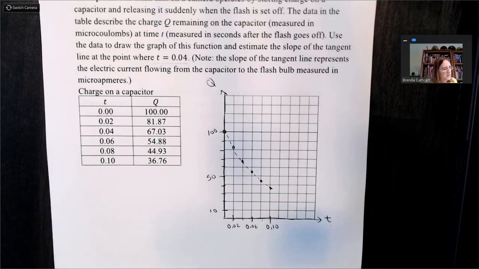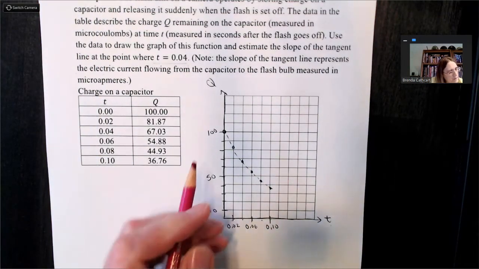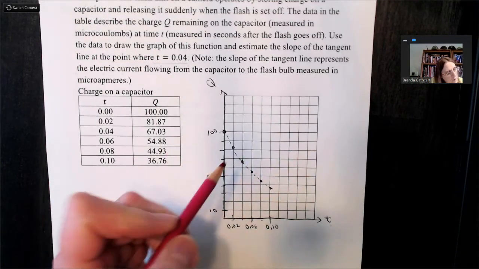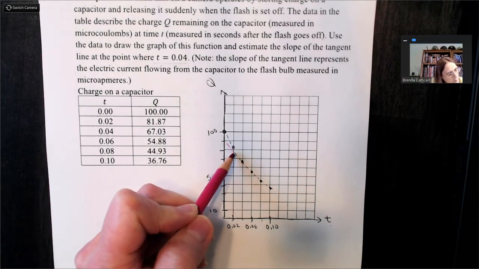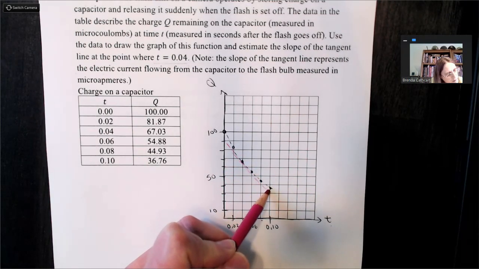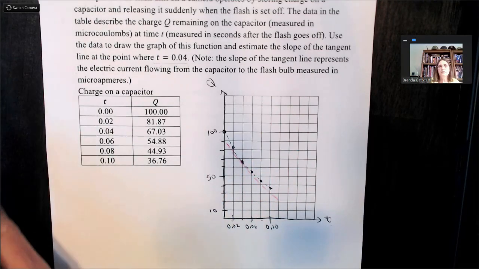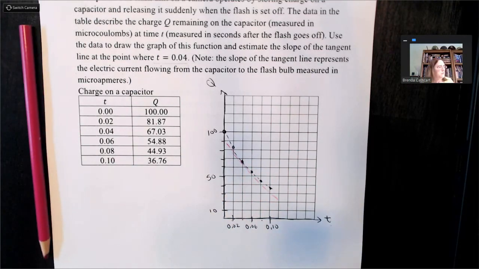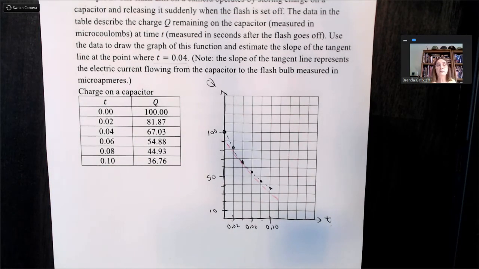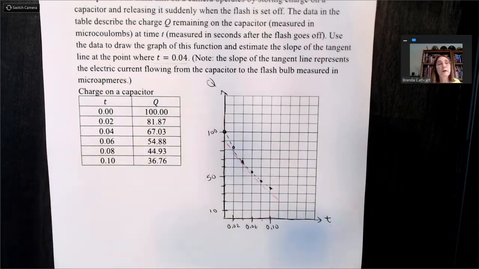Okay, so how do I estimate the slope of the tangent line at 0.04? That's at this point right here. I want the slope of a line which just touches this curve at that point. So right about there. And I want to estimate the slope of that dotted pink line that I've put in there. Well, I can find the slope between any 2 points on this curve by using the points in the table.